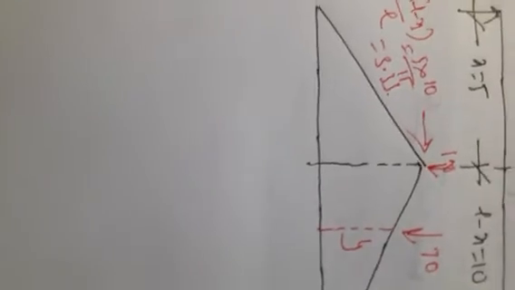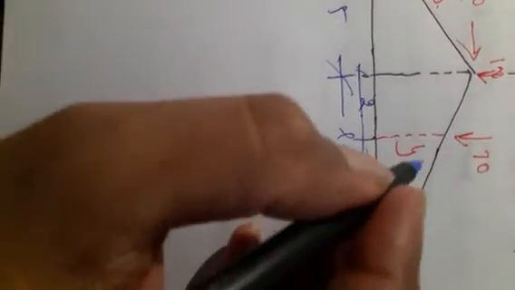Now here when you look at this section, this distance is x is equal to 5, L minus x is equal to 10. This distance is 2. First I have to determine this ordinate y. So I can write 3.33 divided by 10 is equal to y divided by 8, or y is equal to 2.66.